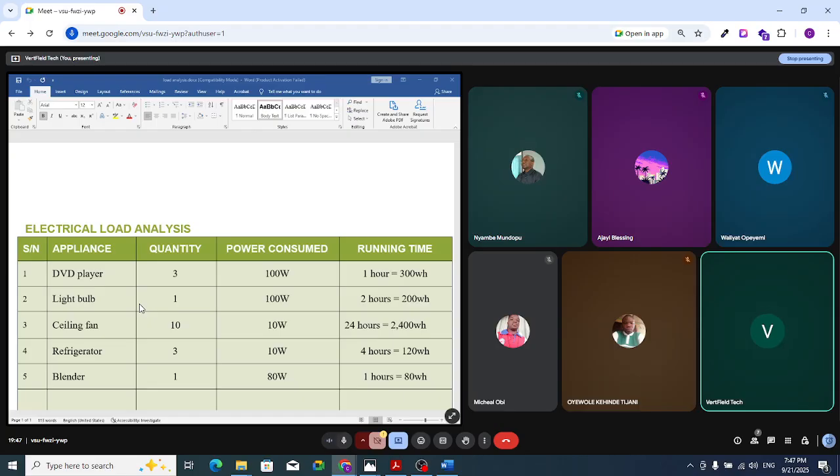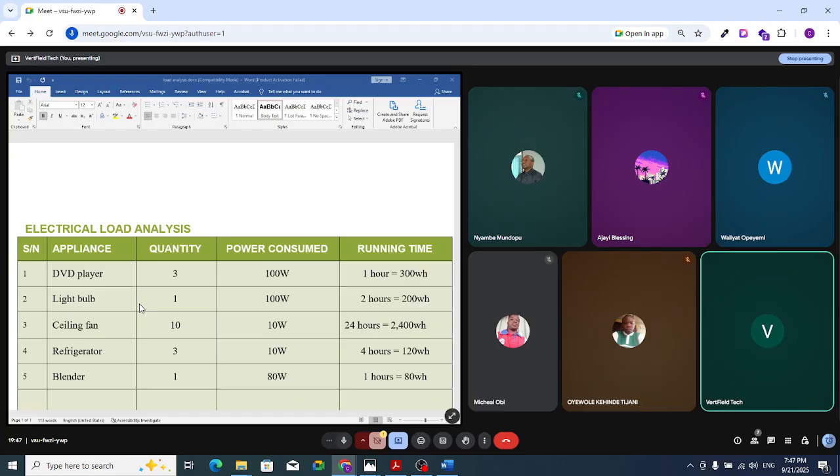So on that nameplate, you are going to have things like the name of the appliance, the country of make, the maker, the current, the voltage, the wattage. You just go there, lift the wattage, and you are good to go.